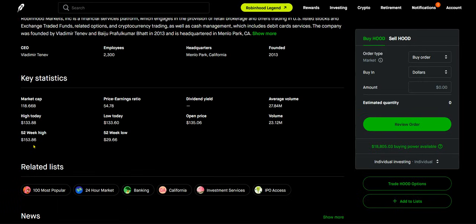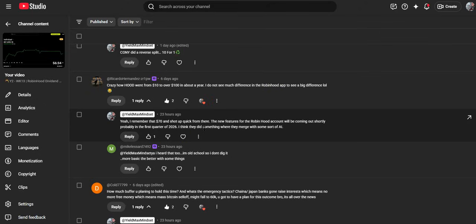So where was I? I said, yeah, I remember that $70 and it shot up quick from there. The new features for the Robinhood account will be coming out shortly, probably in the first quarter of 2026. I think they did something where they merged with some sort of AI. So that may be three things.